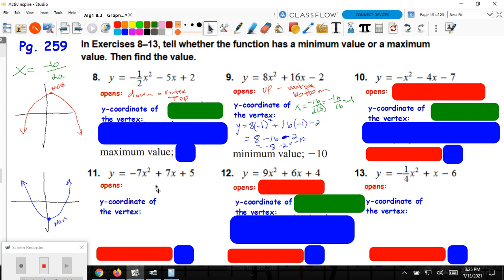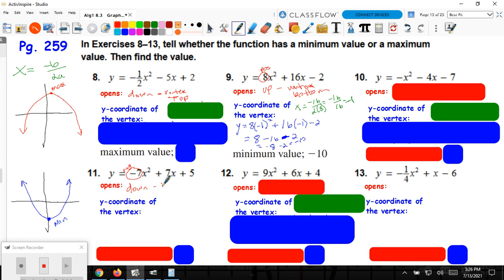All right, number 11, the direction it's opening, because our A number right here is negative. So again, it's always about the A numbers. So this one is positive, this one is negative. So since it's negative, it's going to be opening down.